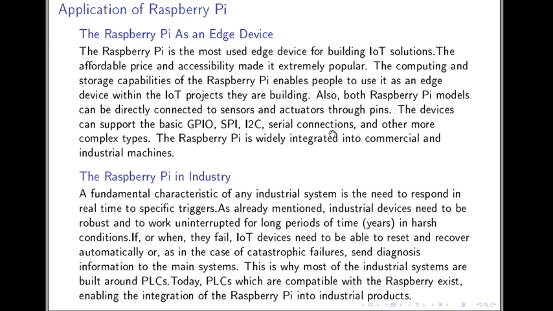So, as far as industry is concerned, the most popular computing device is the PLC because it is real time. It has almost negligible delay, instantly computing, and it is harsh and rugged. It means it's a rugged device that can work in a harsh environment for a long time.